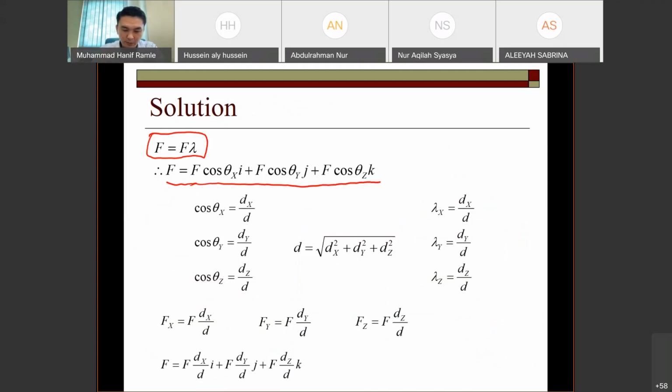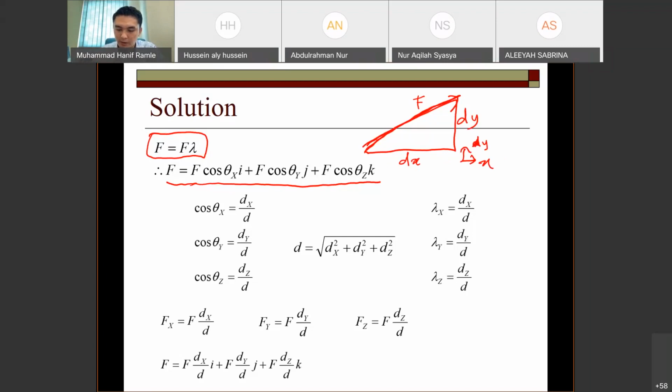If you look at a simple triangle like this, let's say d is the force, and d is the axis. For the x-axis, we put dx, and for the y-axis, dy.